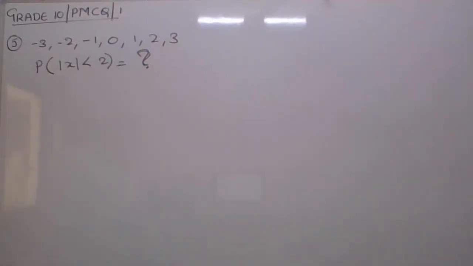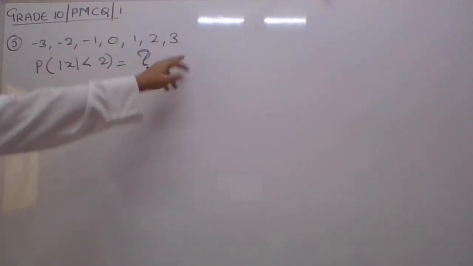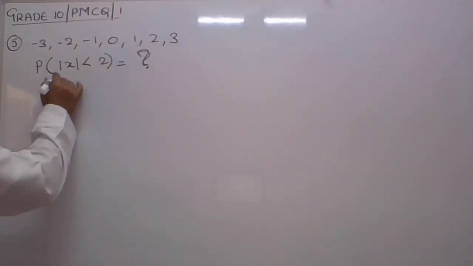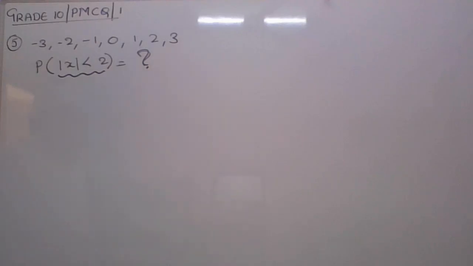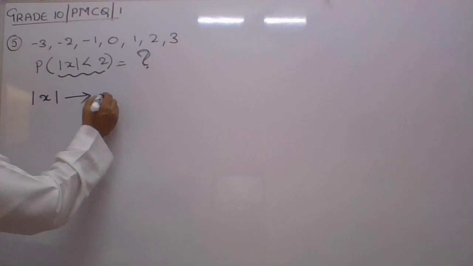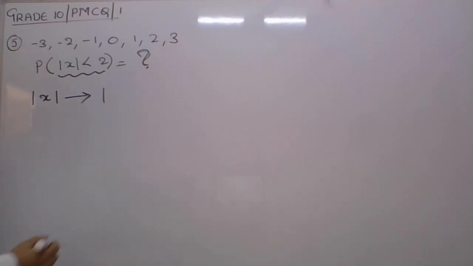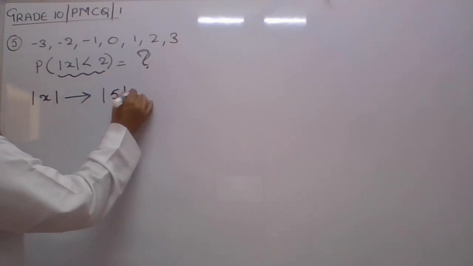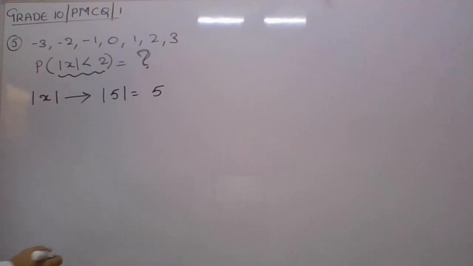See, out of the given numbers in the fifth question, minus 3, minus 2, minus 1, 0, 1, 2, 3, it is given, find the probability of mod x being less than 2. So let us see what is modulus of x. Modulus of x means that if it is a positive number, for example, mod of 5, the answer will be 5.